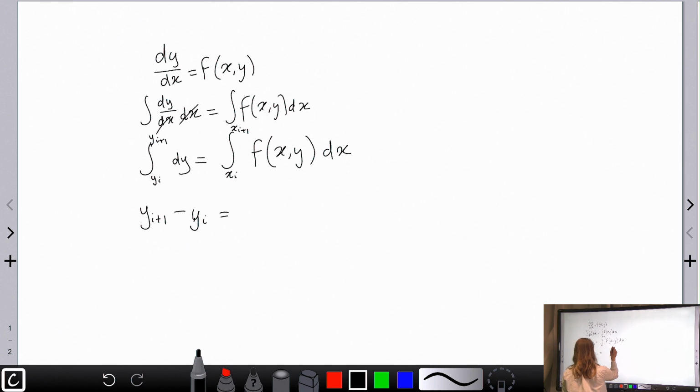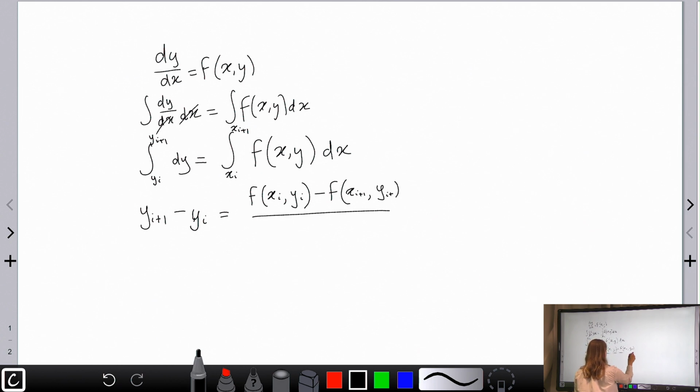Recall that the expression for the trapezoidal method was this: f evaluated at x_i and y_i plus f at x_{i+1} and y_{i+1}, divided by 2 times this step size h.